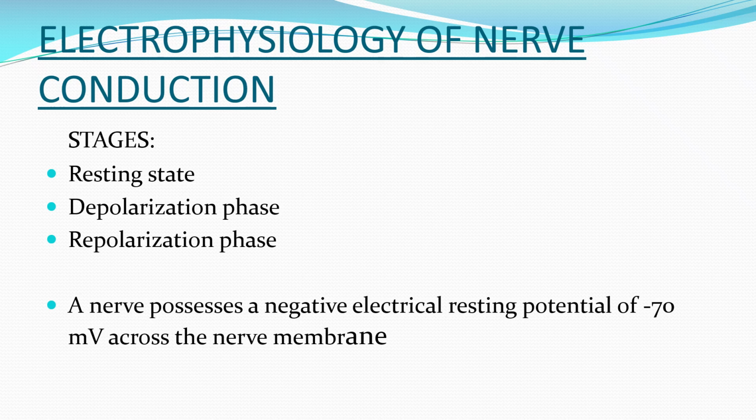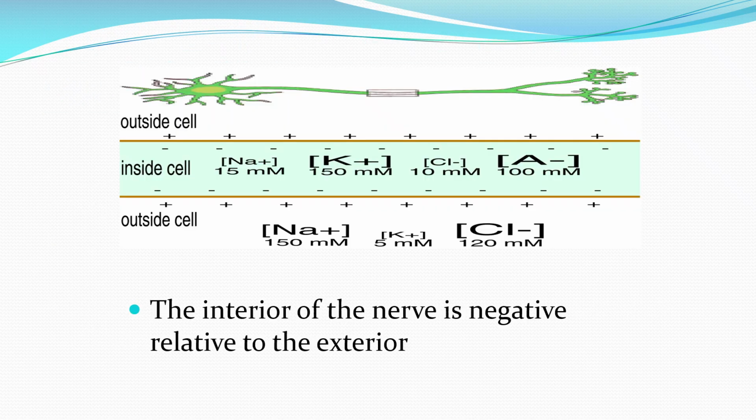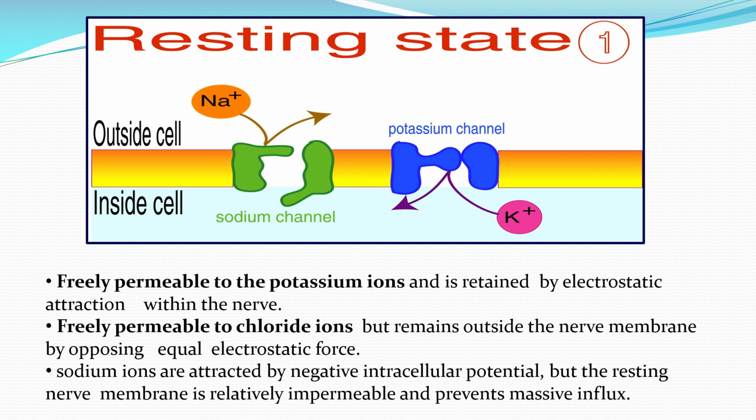For example, in the resting phase of a nerve there is a charge of minus 70 millivolt along the nerve membrane. Initially it is in a negative electrical resting potential. The interior of the nerve is always negatively charged compared to the exterior. The nerve membrane is freely permeable to potassium ions, which are retained by electrostatic attraction within the nerve.